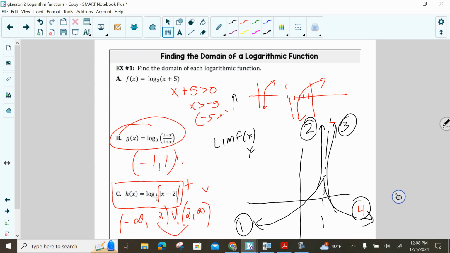Limit of f of x goes where as x goes where? Look at the arrowheads. Are they going down? As x goes to positive and negative infinity, right? That's the purpose of me putting them together. The ones on the vertical asymptote, right now, we still have to put them separate.